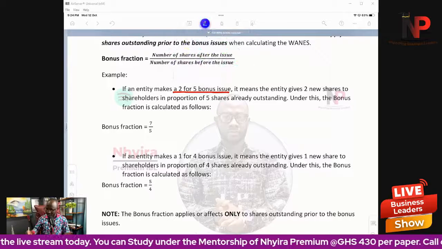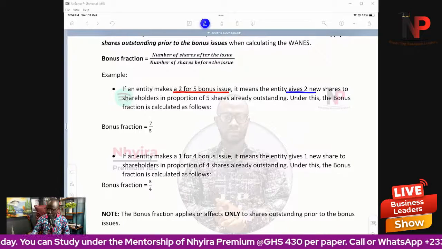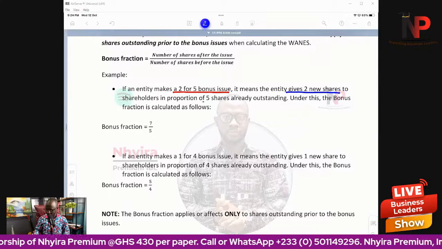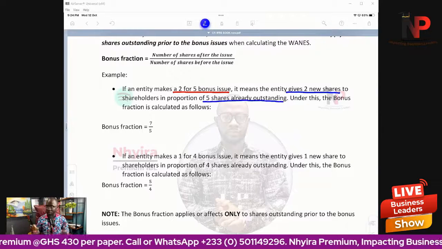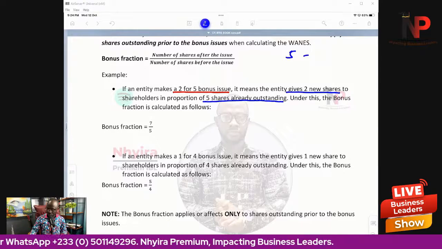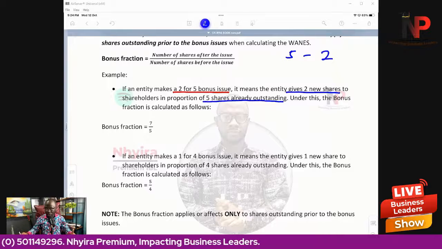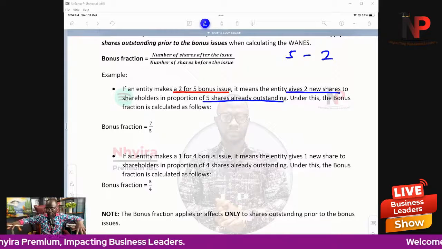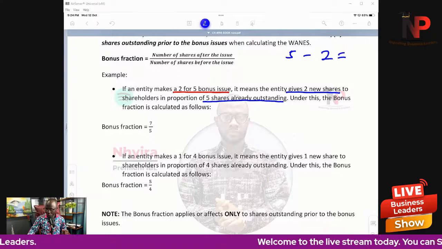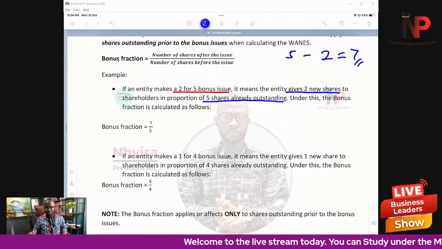It means that the entity gives 2 new shares to shareholders in proportion of 5 shares already outstanding. So if you have 5, we give you 2 new shares, 2 for 5. It means after the issue, you now own 7 shares.